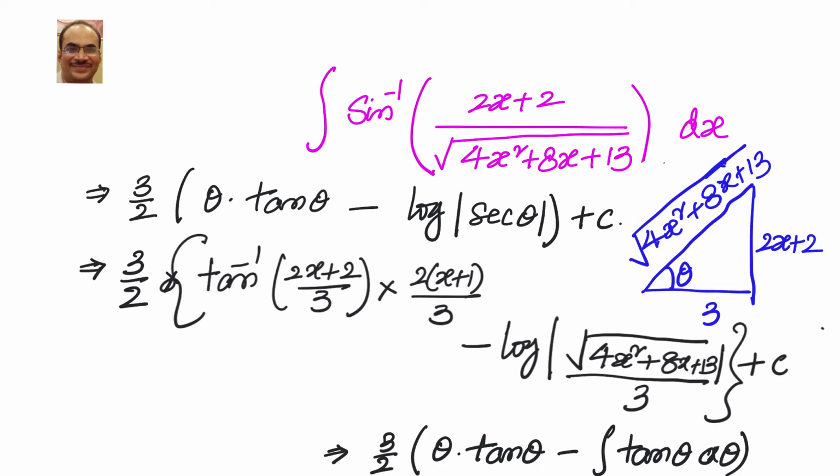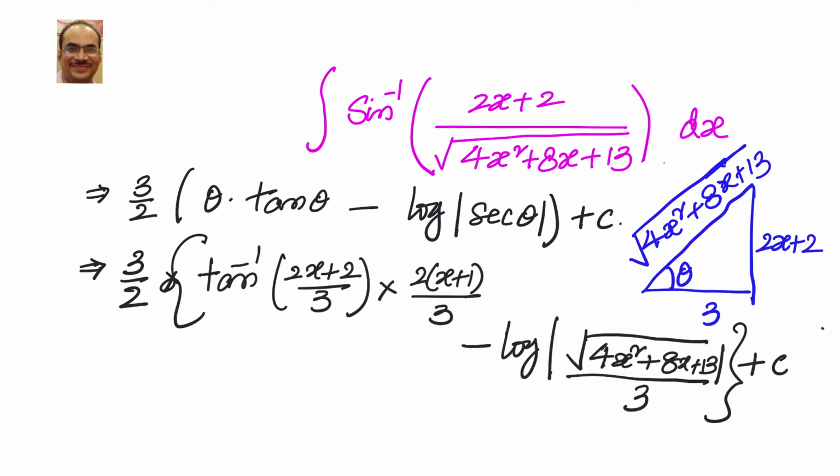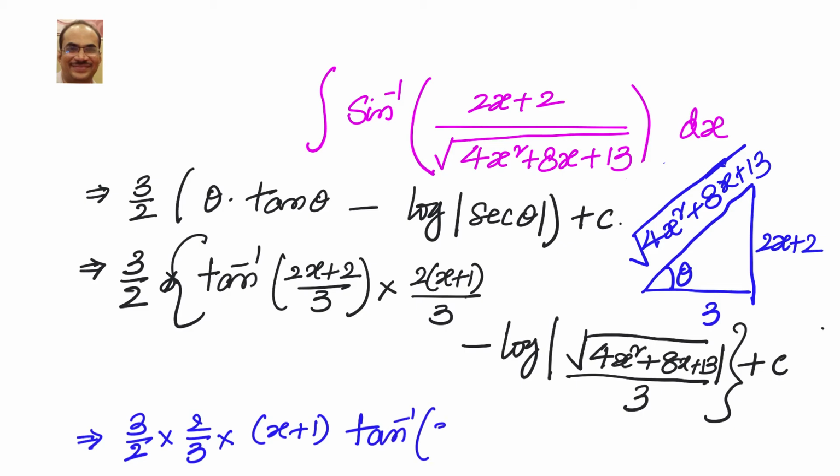So let's go to the next step. That is equal to 3 by 2 into 2 by 3 into (x plus 1) into tan inverse of (2x plus 2) divided by 3, minus log of, whatever that 3 in the denominator, it will go and add to the constant.